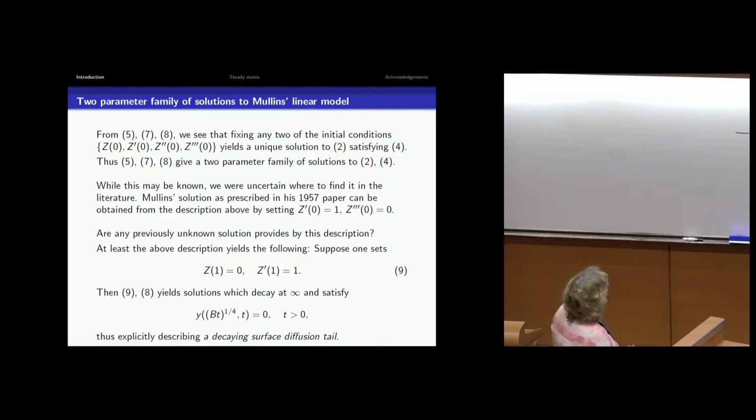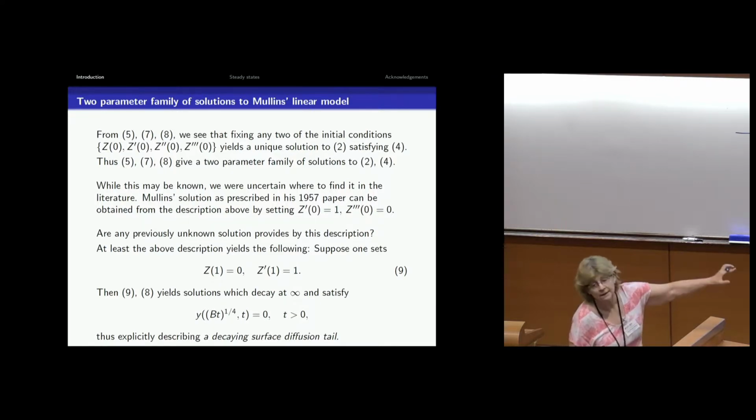That, though this is arbitrary because it's scalable, yields a solution that decays at infinity and satisfies that y at this t to the 1/4 space, t in time, is equal to 0.